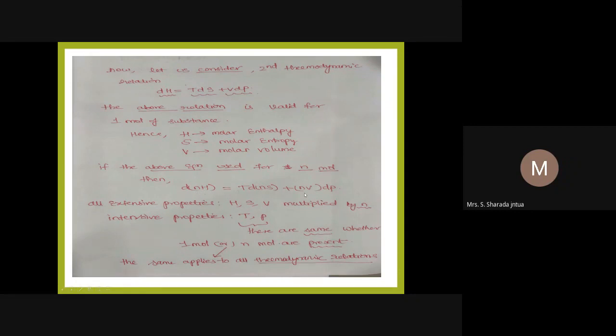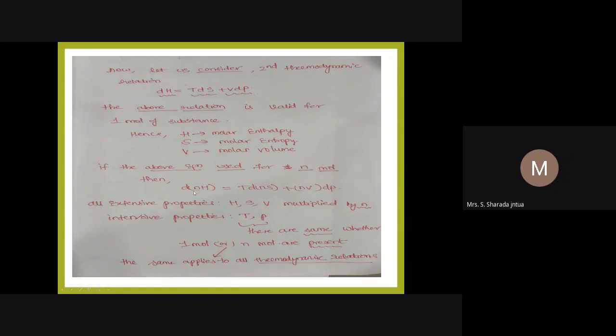You can see this, right? If you look carefully at this equation, H, S, V, that is molar enthalpy, molar entropy, and molar volume, are all extensive properties which are being multiplied by n.